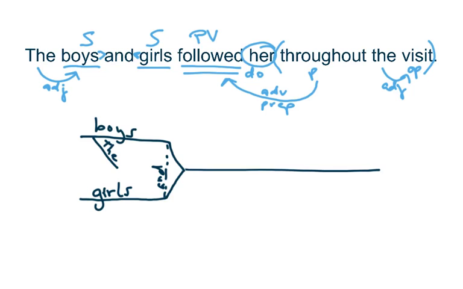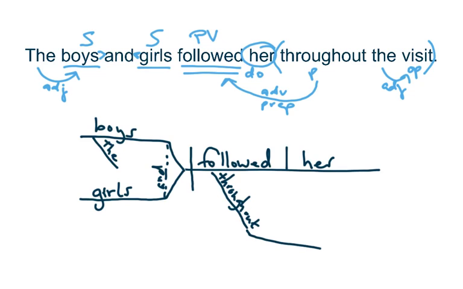Okay, separate our subject from our predicate. Followed. Who did they follow? Her. Direct object line. Let's get our modifiers. I already added the boys and girls. Followed. Do we have modifiers for followed? Yes, we do. Ooh, that's a long one. Throughout the visit. Lovely. All right.